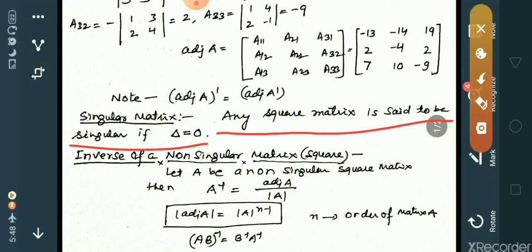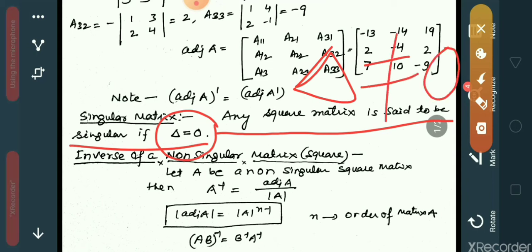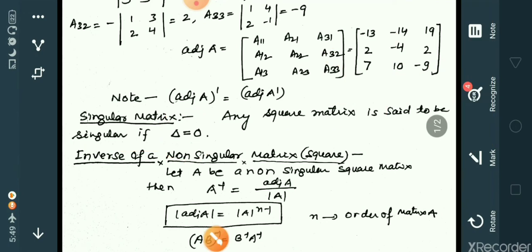So for the inverse to exist, the matrix should be non-singular. Any square matrix is said to be singular if its determinant is 0. If its determinant is not equal to 0, then it is non-singular. Simple.